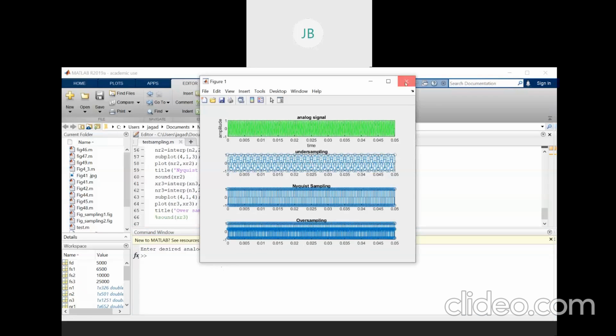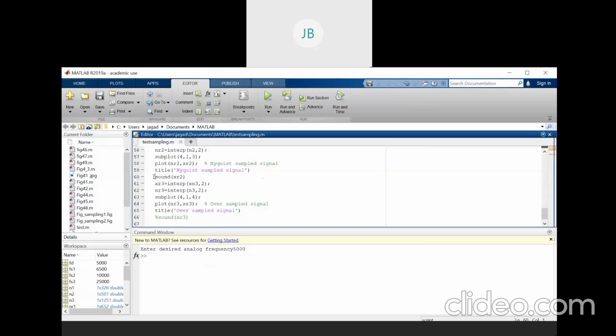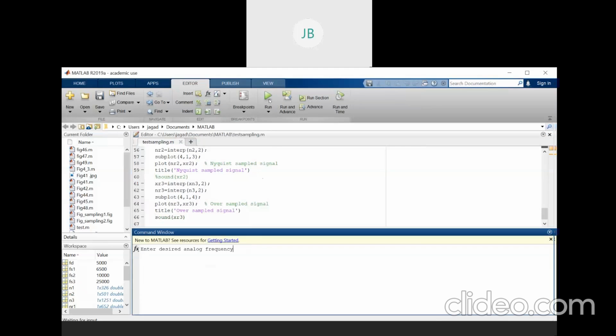And in the third case, I will be running the third part of the code. Let me run XR3 for the same frequency. The frequency I'm going to assign is 5000, and please hear the sound for XR3.